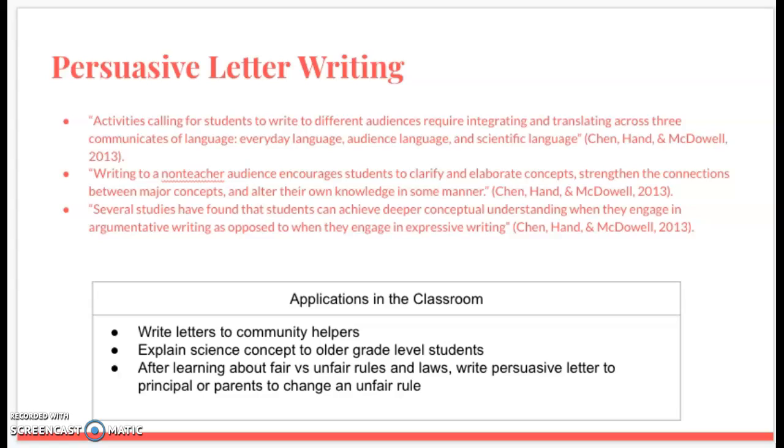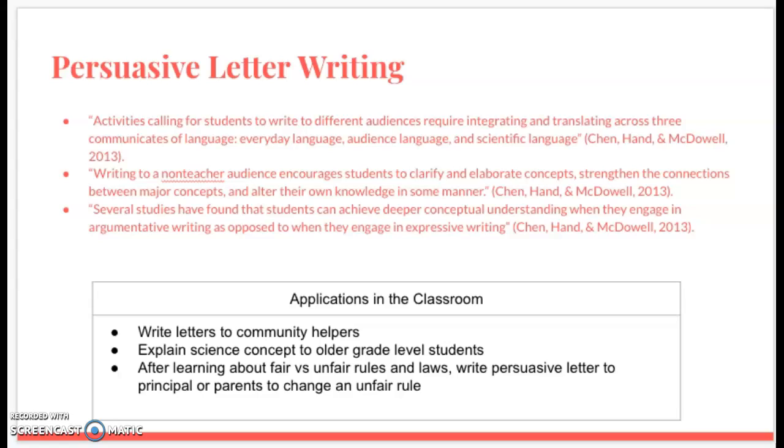Also, several studies have found that students can achieve deeper conceptual understanding when they engage in argumentative writing, as opposed to when they engage in expressive writing. Argumentative writing expects the students to really be able to prove their point, and this ties along nicely with some social studies units that we work on, such as looking at fair versus unfair rules and laws.